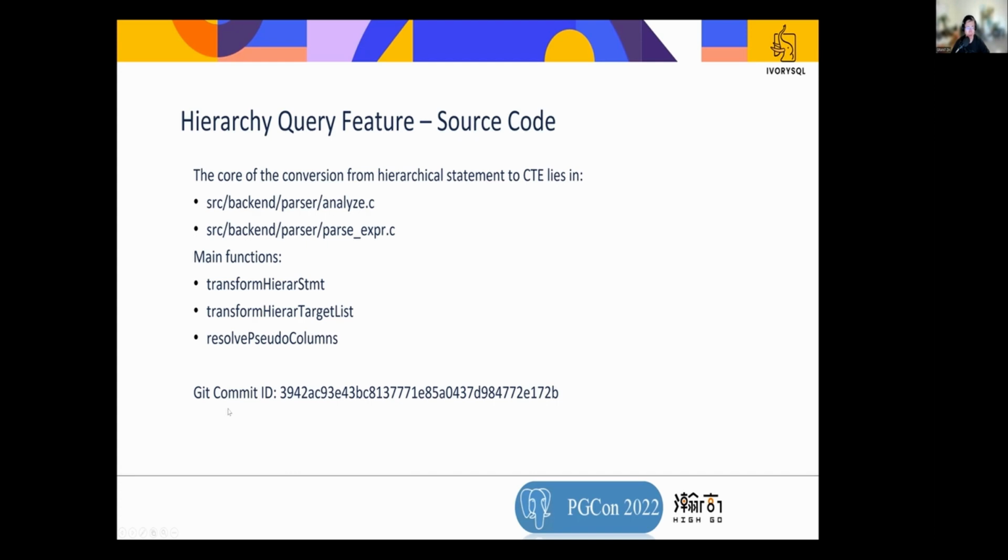Here is the Git commit ID. I don't know whether you guys know how to get this from GitHub. Actually, GitHub has this. You can use the link in the GitHub commit history, and enter this commit ID to get all the source code checked in for this hierarchy query feature.